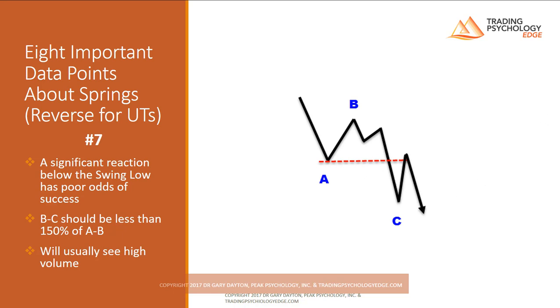I remember, quite a ways back now, around 2002 or 2001, we saw a spring set up in the NASDAQ. Let's say this was the swing low here, just extended out, and it had this huge, massive price bar, and it closes right up above it.